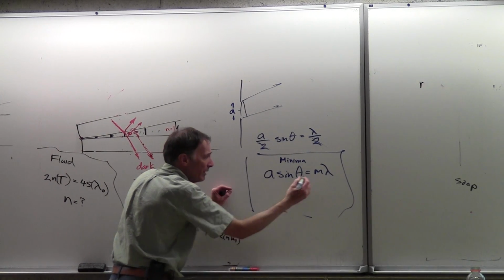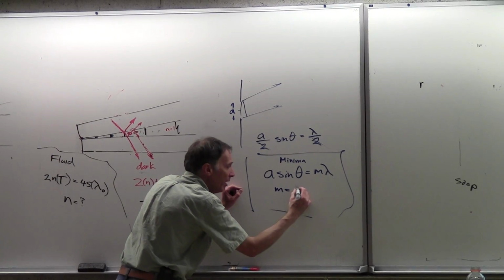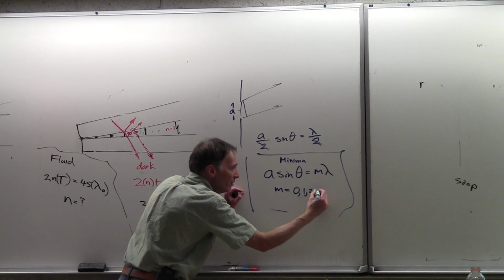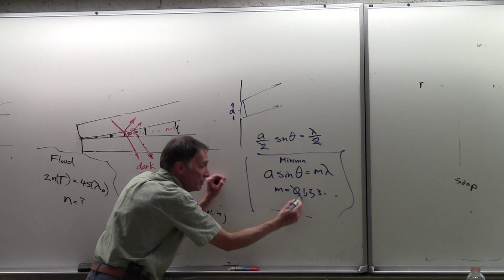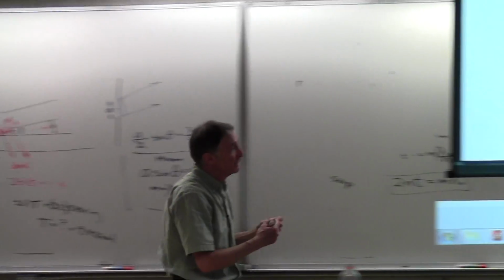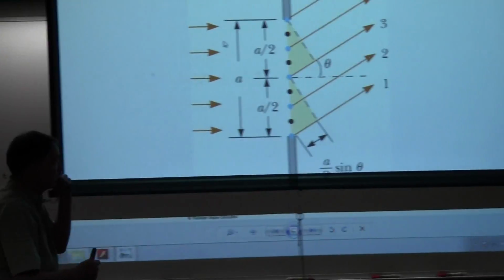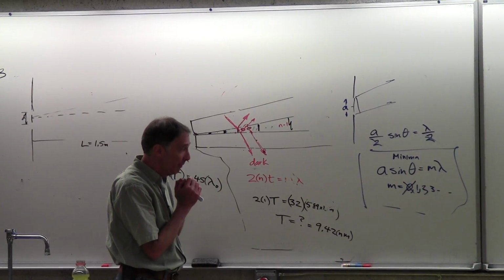Now, it's important to realize what values m can take on. Usually it's 0, 1, 2, 3, and so on. For diffraction, we don't have a 0. That's not included, because if we had a 0, that would represent the position of the central maximum.